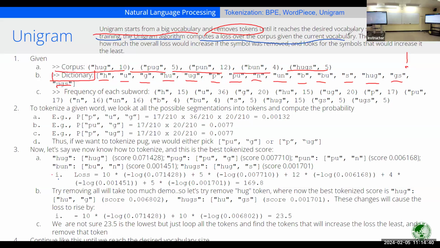So there's some loss that you compute to see which subword we should delete. And by the way, you may wonder where the sharp is. This one doesn't use sharp. There are no sharps.